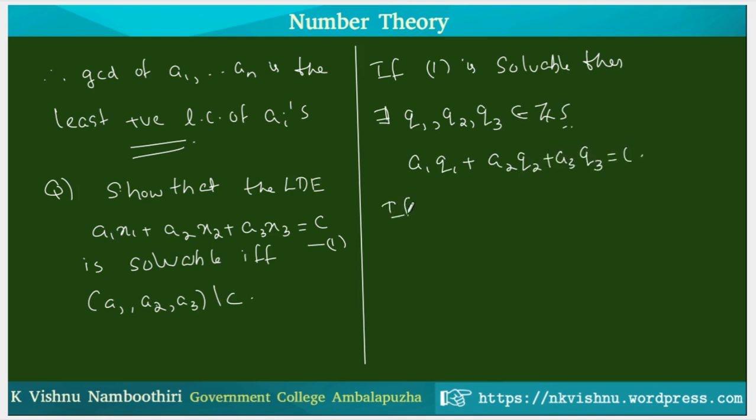Now if D is the GCD of a1, a2, a3, then D definitely divides a1, D divides a2, and D divides a3.